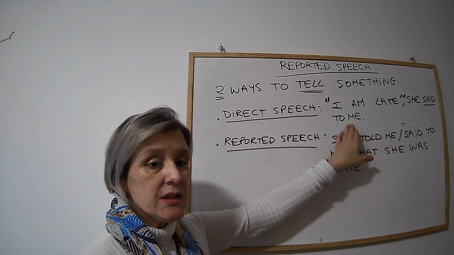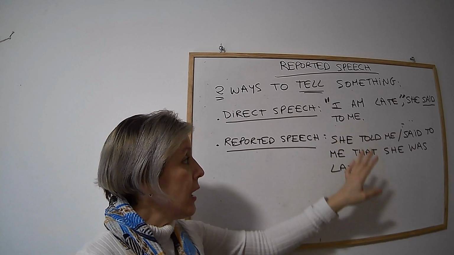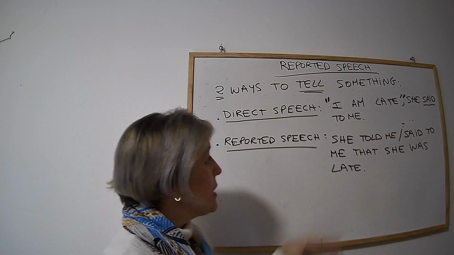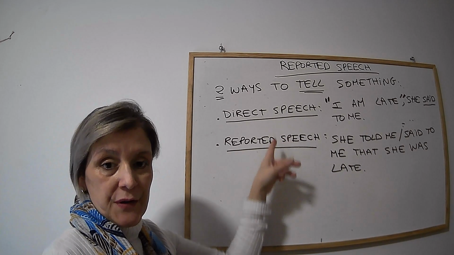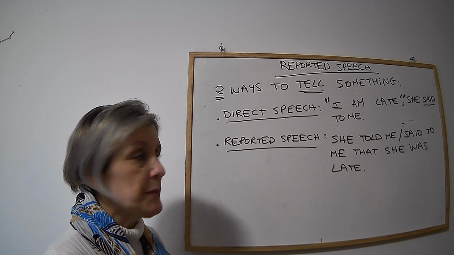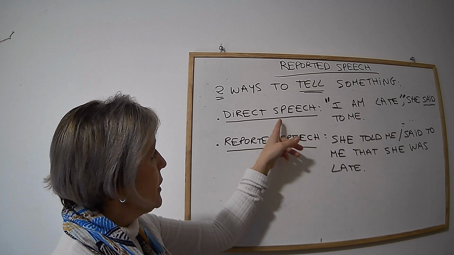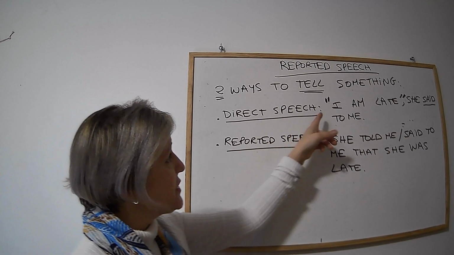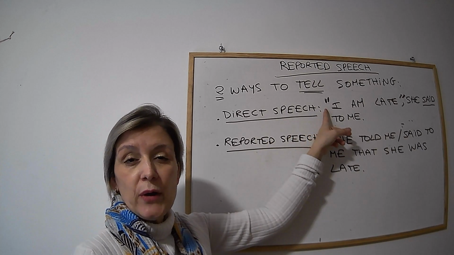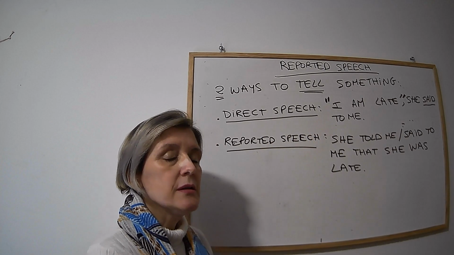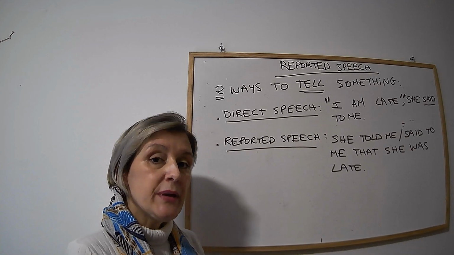This message is direct and this message is indirect. So what are the differences? There are several differences that we are going to see. First of all, the change from direct speech to reported speech is that in direct speech we have inverted commas because we are using the exact words of the speaker.